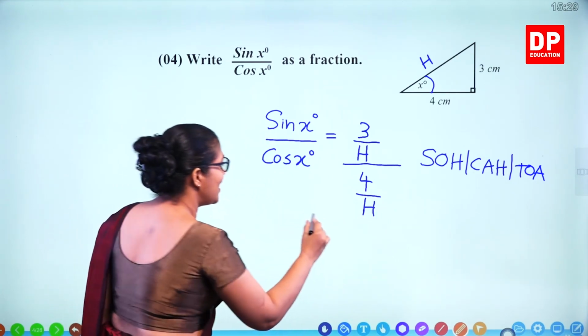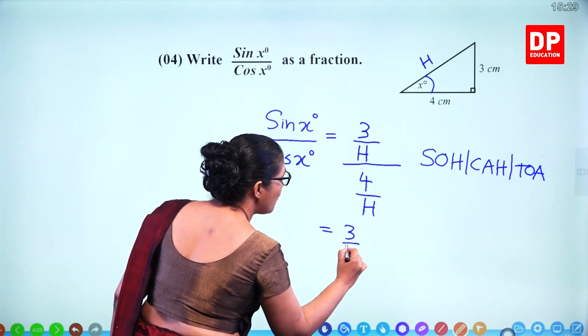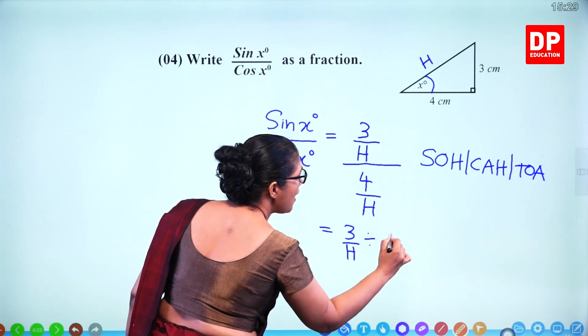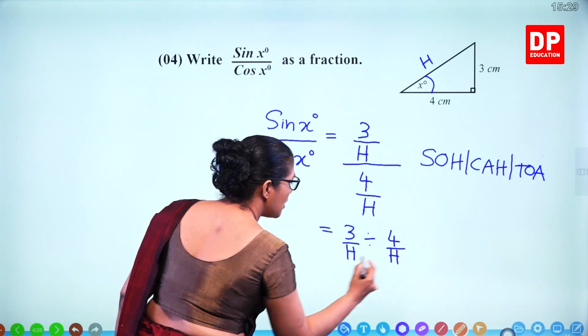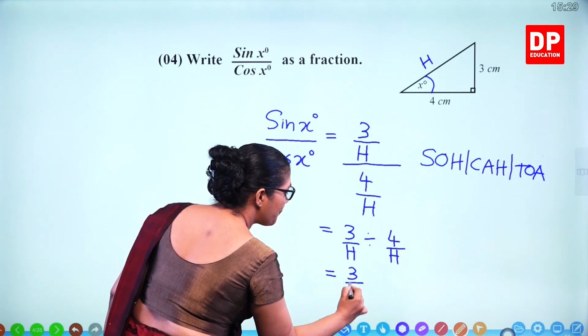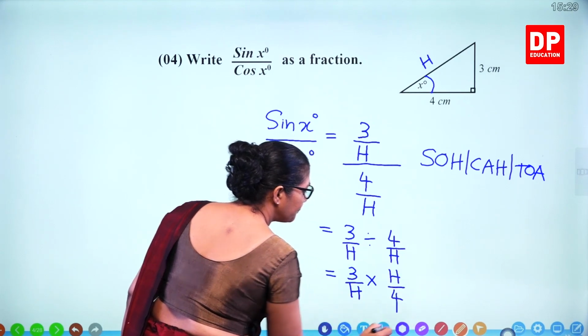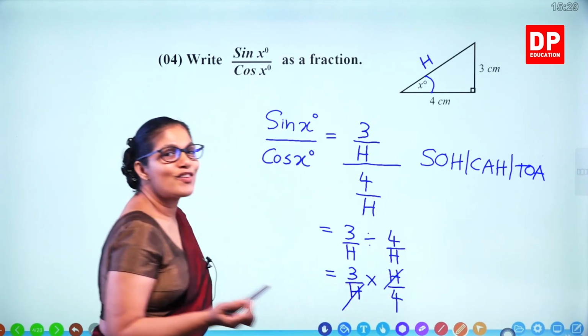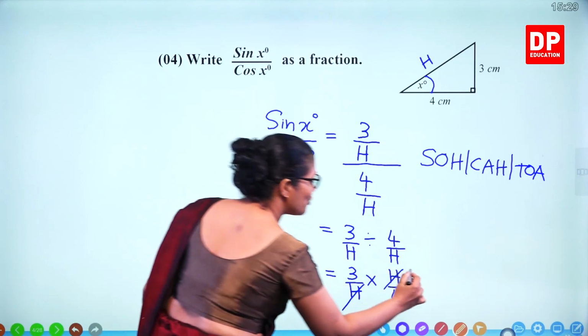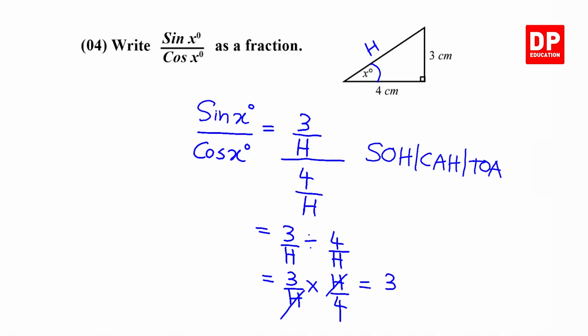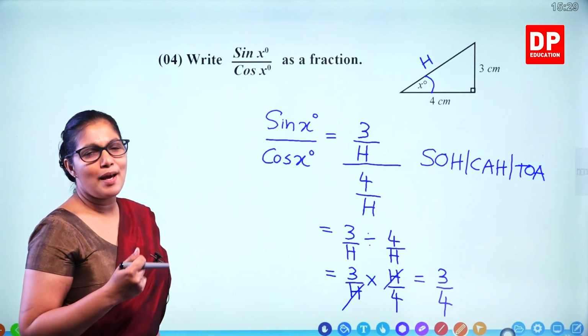Now what can you see? When you divide 3 over h by 4 over h, you can convert to multiplication of h over 4. h gets cancelled out, you get 3 over 4. So can you see? The hypotenuse gets cancelled out, so you don't need to find the hypotenuse.